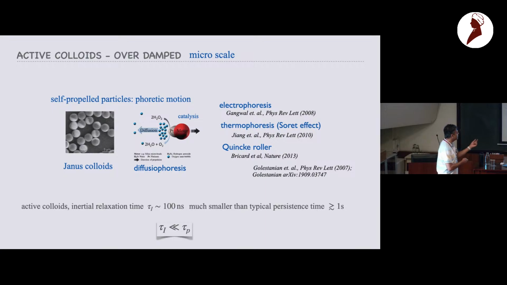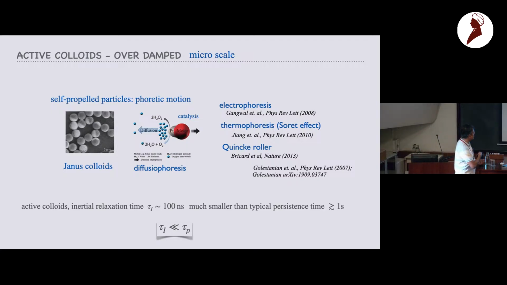There is also stochasticity in how these chemical reactions happen, so the kick will have a direction but with slight stochastic variance. So the particles will start to move in a persistent manner, and that persistent motion will have a typical persistence time.